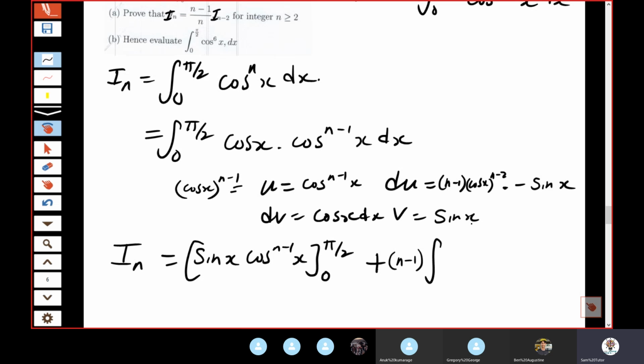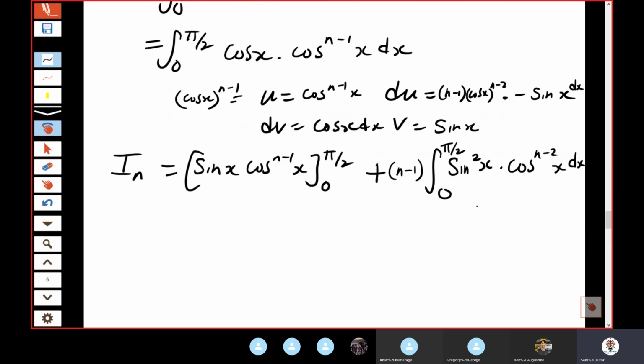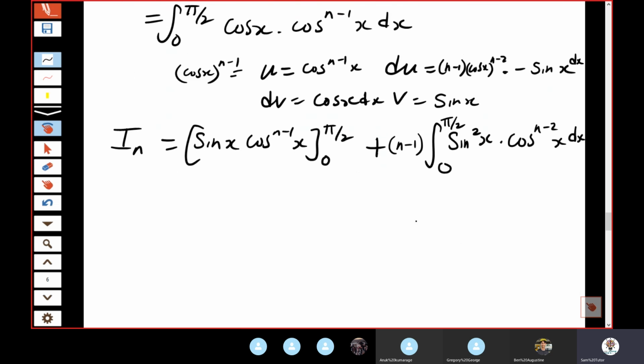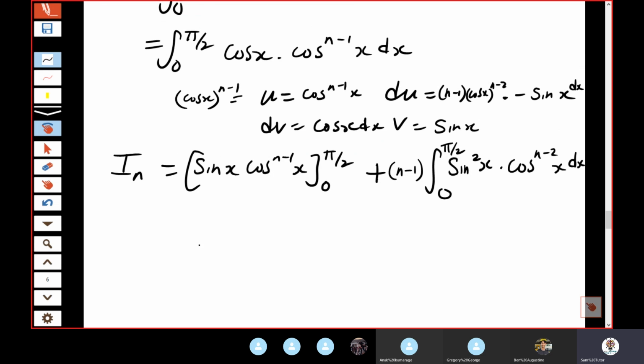Integral of sine x times sine x becomes sine squared x, times cos n minus 2 x dx. We've got our limits. Any questions before I move on to the next line? So again: this times this, limits, minus negative becomes plus, constants taken to the outside, sine times sine is sine squared, and then this.